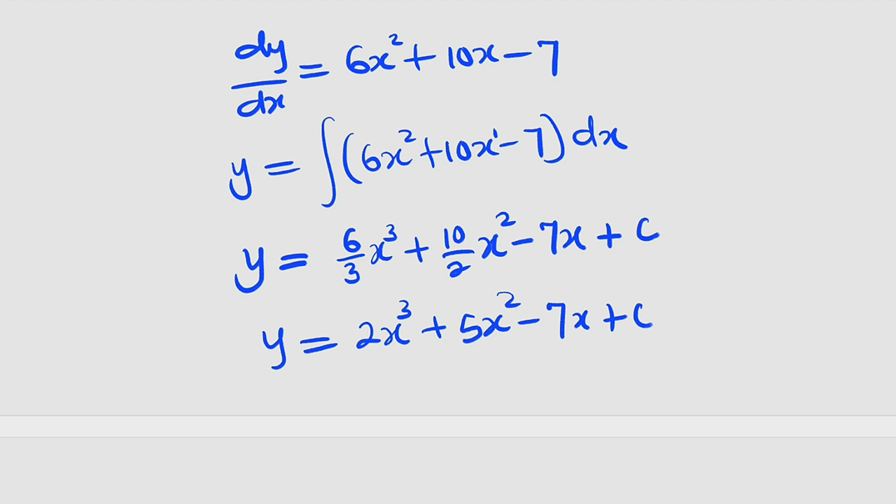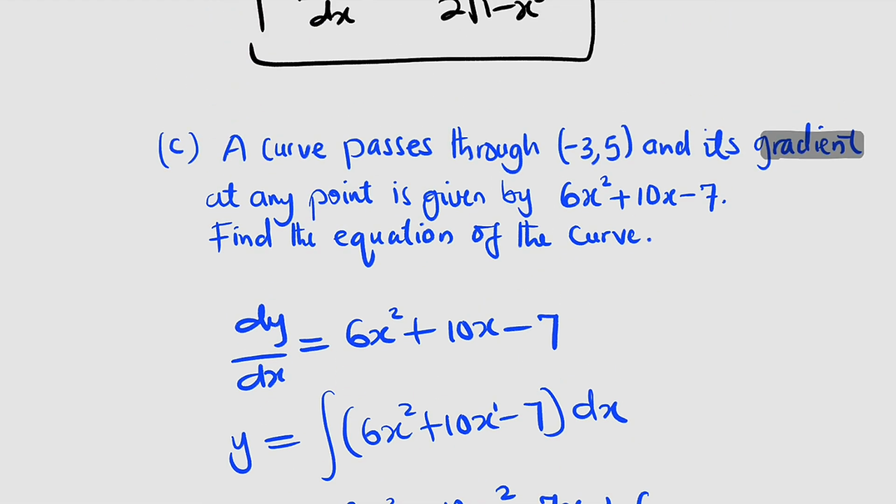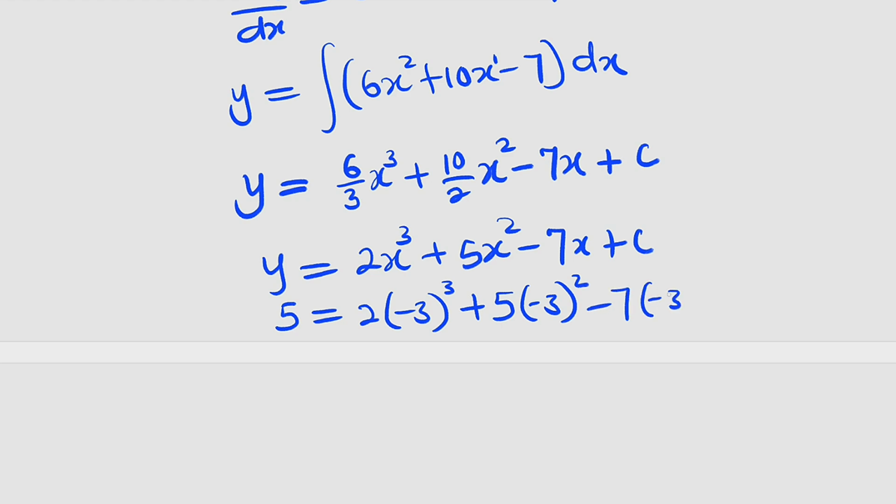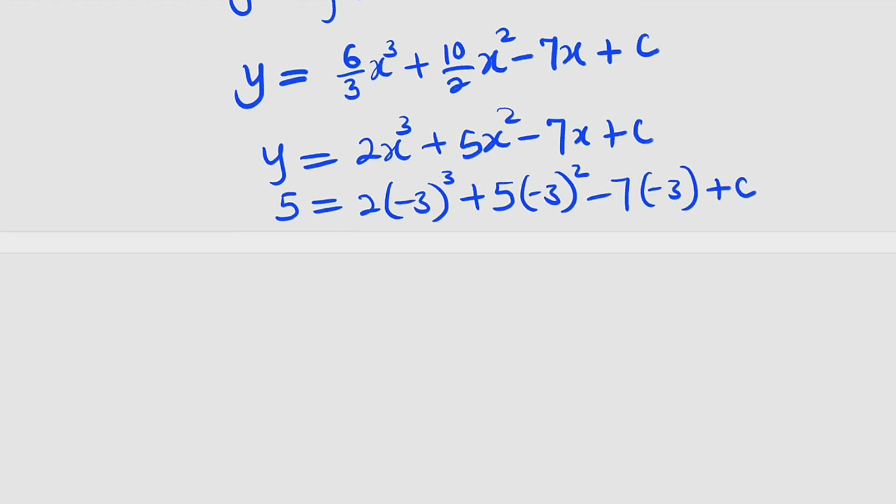So this is the equation of the curve, but the only thing we're going to find here is c. And how can we find it? By substituting the point we have, negative 3, 5, where x equal to negative 3 and y equal to 5. So we have 5 equal to 2 multiplied by negative 3 to the third power plus 5 multiplied by negative 3 to the second power minus 7 multiplied by negative 3, then plus c. Let's simplify this.